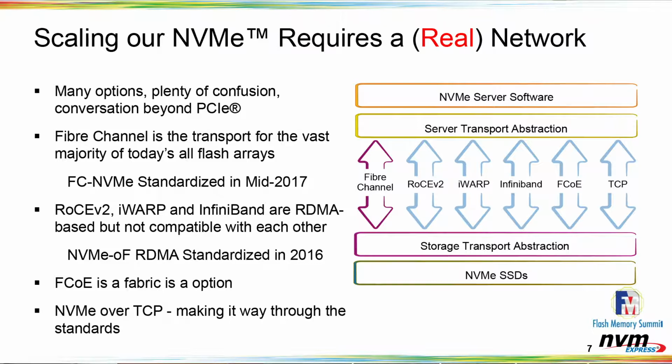And the earliest one was definitely RDMA, with RoCE as well as iWARP becoming standards a couple of years ago for scaling out NVMe over fabrics. Then came Fibre Channel. That happened sometime last year, if I remember right. There is work going on for FCoE also as an option for scaling out NVMe over fabrics. I haven't found a convincing use case to convince myself that FCoE has value for scaling out NVMe, but if you find something, let me know.